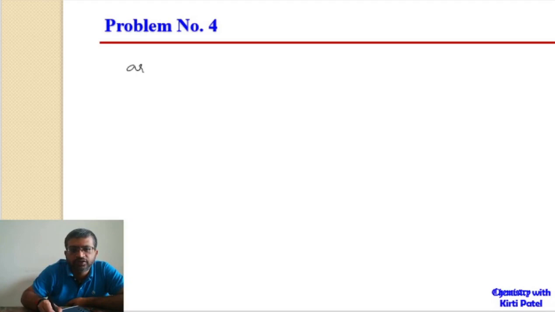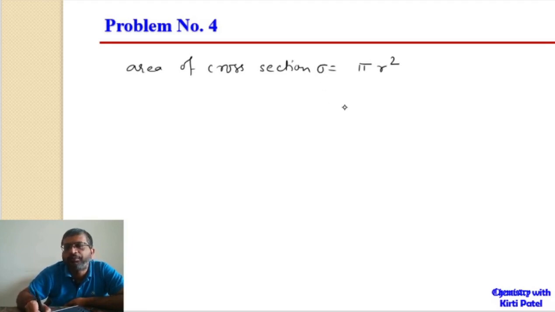So the area of cross section of any sphere can be obtained as pi r square. So this sigma will be equal to pi r square.